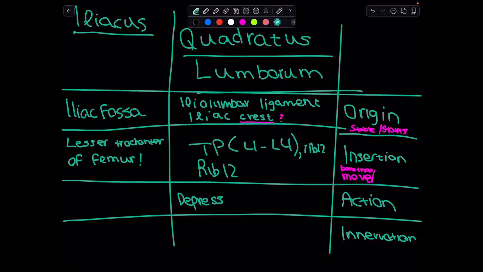Its insertion makes a bit more sense. Great. Glad it's clicking for you. And lateral trunk flexion too. Exactly. The quadratus lumborum plays a key role in lateral trunk flexion, helping you bend your torso to the side.